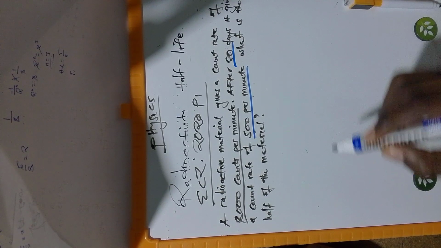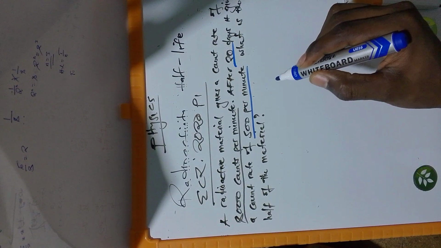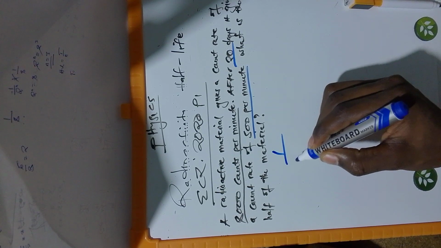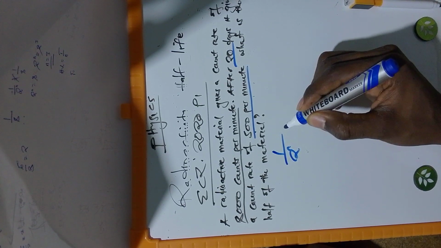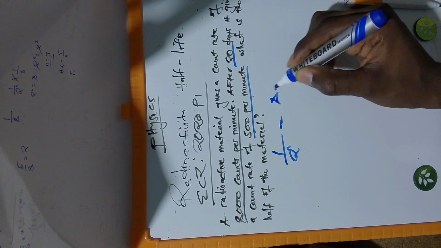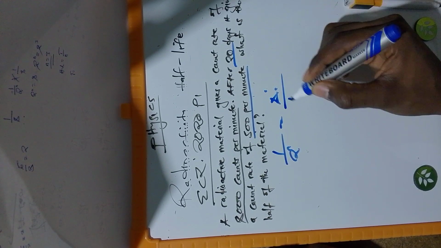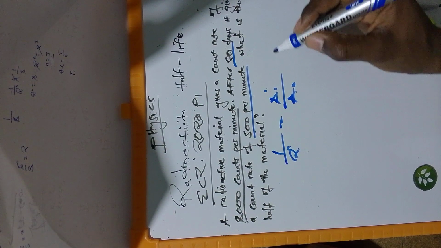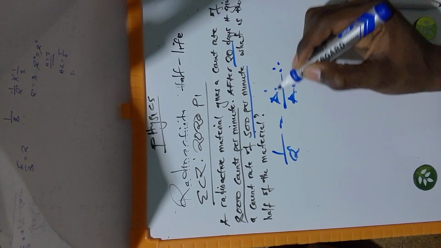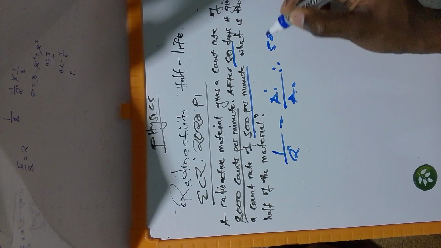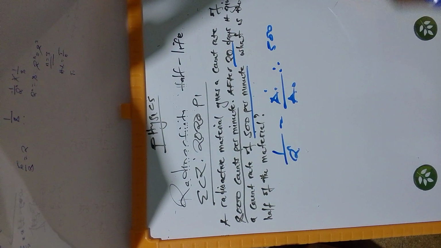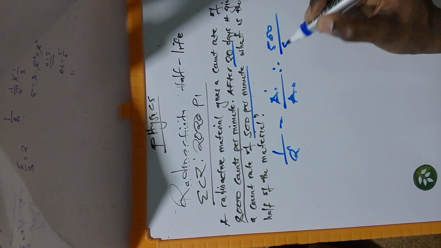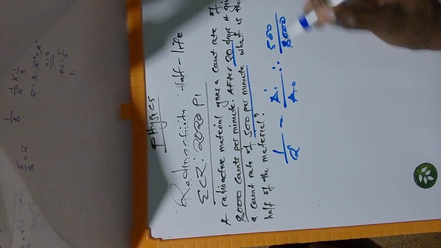So we'll say 1 over 2 to the power n is equal to the initial over the original. So from here, initial we have 500, then we have 500 over 8,000.